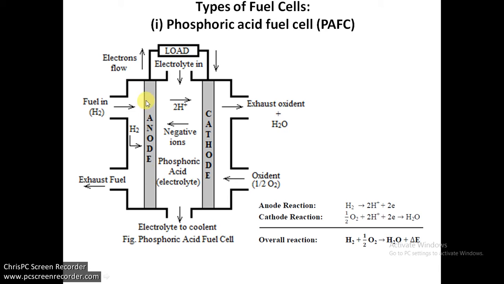The electrons are allowed to flow in the external load circuit from anode to cathode, which is responsible for generating electricity. The reaction which takes place at the cathode is that oxygen from air or oxidant being supplied here reacts with hydrogen ions and electrons and forms water.